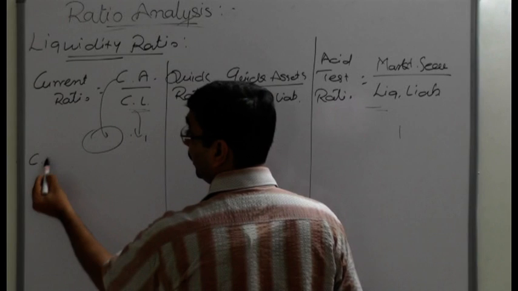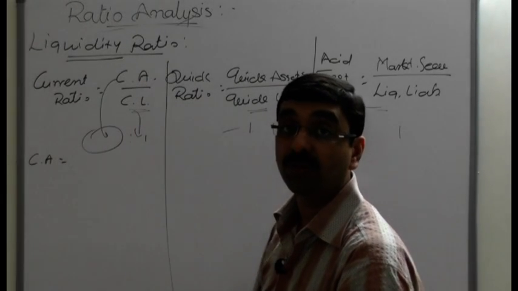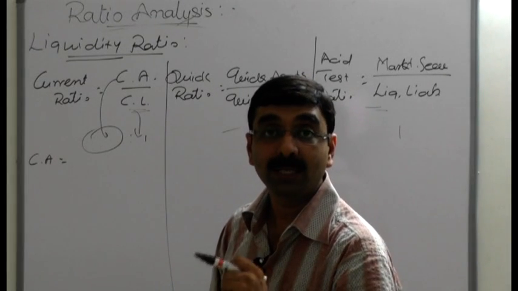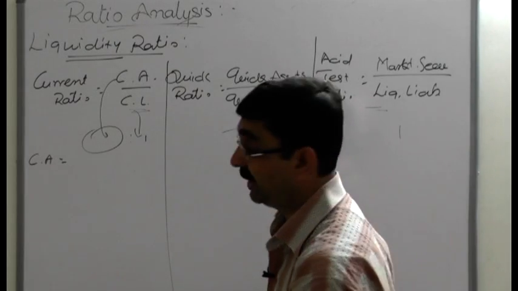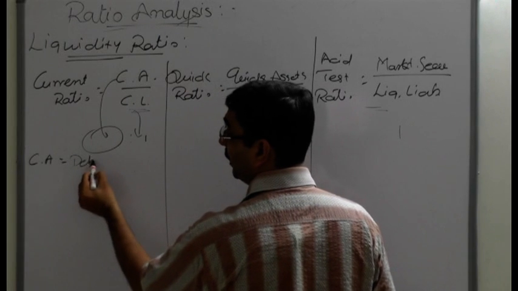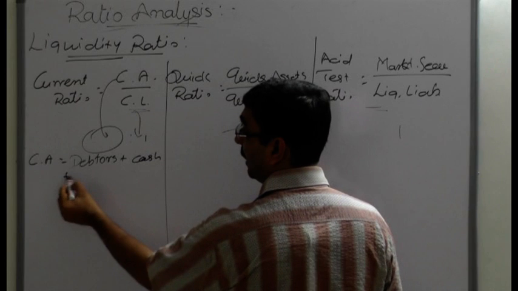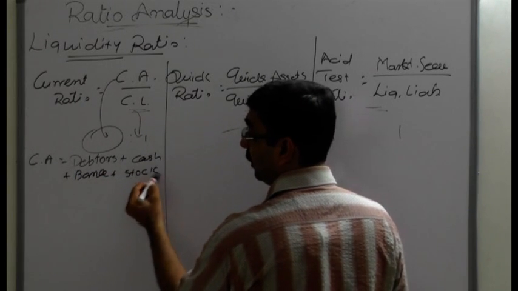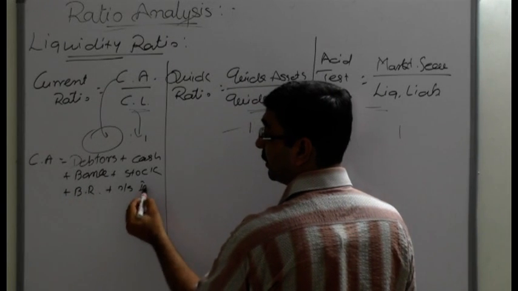The current ratio shows how much of the current assets is available to easily meet the current liabilities at the time of maturity. For that, current assets include debtors, cash balance, bank balance, stock, bills receivable, or any outstanding incomes.